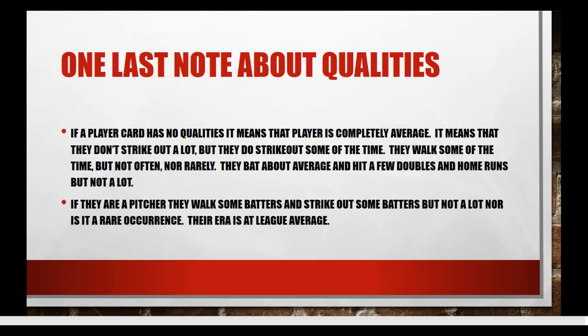Pretty much all your players are going to be whiffers, and you're going to have some eager batters, things like that. And pitchers, same thing. You're going to have workman pitchers that you're going to have to work into your rotation. You're going to have workman relievers. You're going to have possibly even a struggler in your rotation or in your bullpen. So you're going to have to deal with that. Sometimes having that player with no qualities is a good thing.